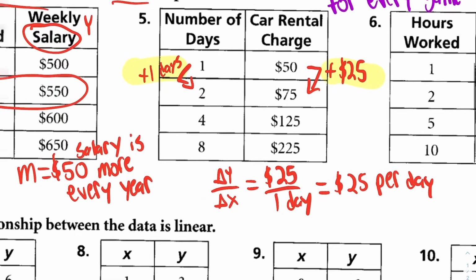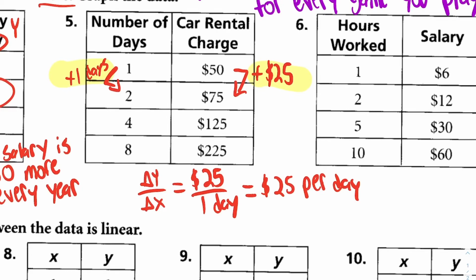To show that you don't have to pick the first numbers, let's just do it again and make sure that this slope doesn't change, that the rate of change is the same no matter which points we pick. From 125 to 225. These numbers stayed the same, so we don't care about that. But the digit in the 100's place changed. We went plus $100, and then the days changed from 4 to 8. To get from 4 to 8, we do a plus 4 days.